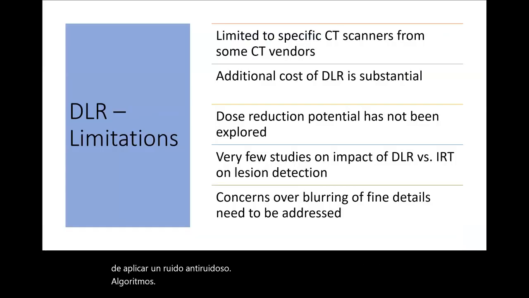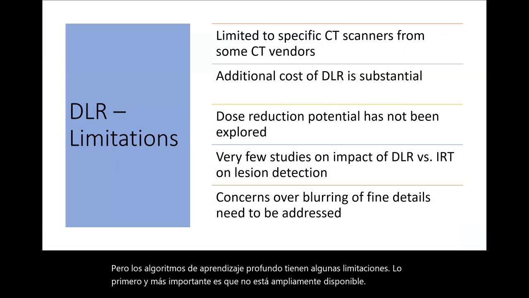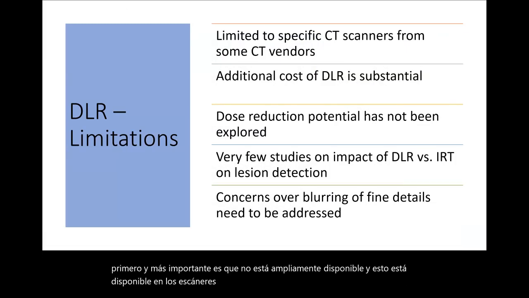But deep learning algorithms do have some limitations. The first and foremost is it is not widely available, and this is available in the newer scanners. So buying this software can be costly, and there is a potential for dose reduction, but I would say that at this time, the images appear less noisy and they have fewer artifacts compared to the iterative reconstruction.